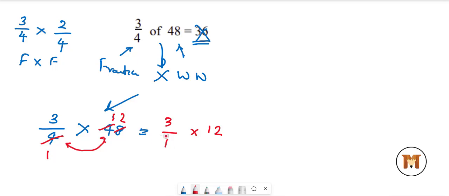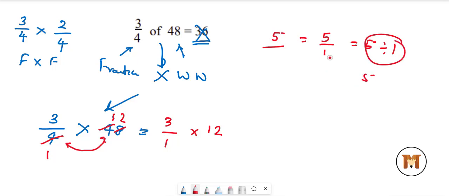Even if you take a number like 5, 5 is equal to 5/1, because if you divide 5 by 1, it's always 5. So it is the same thing here. 3 multiplied by 12 is 36. That's how you need to think, right? This is how to solve this particular question.